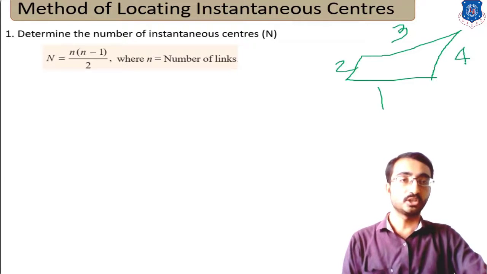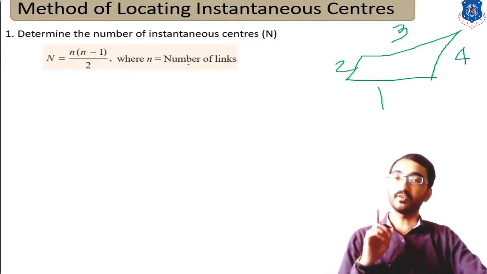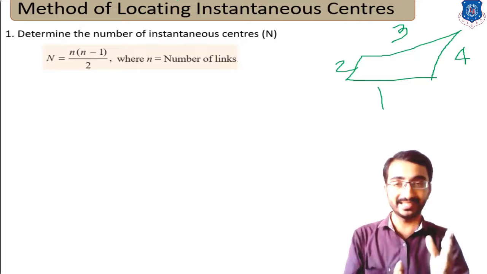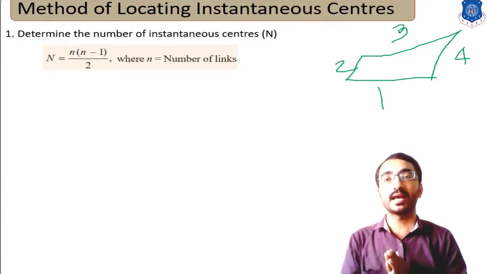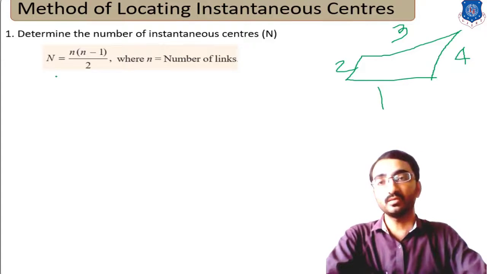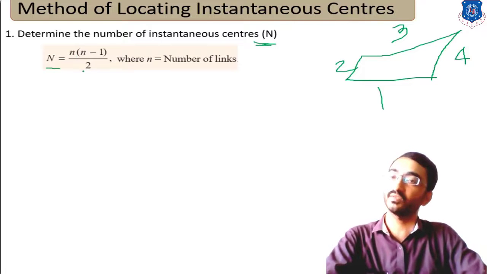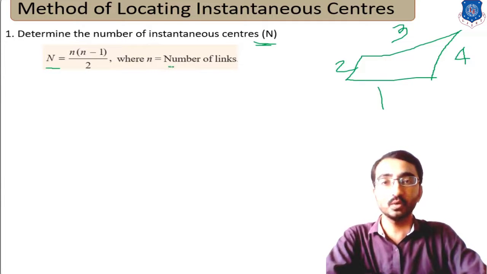The first step that we have to follow is to determine how many instantaneous centers this mechanism will have. We can use this formula: capital N, the number of instantaneous centers, is equal to small n into n minus 1 by 2, where small n is the number of links.